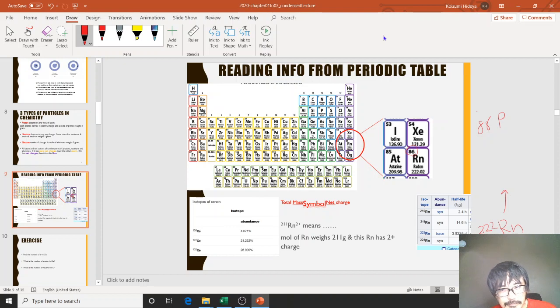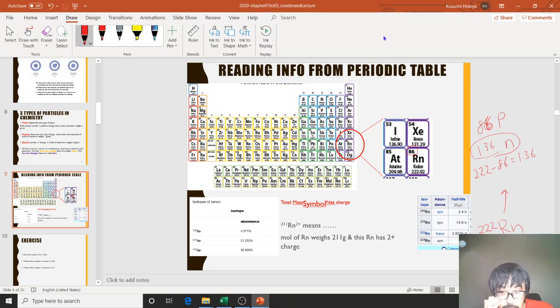Then how many neutrons do we have? It's 222 minus 86, which is equal to 136 neutrons.